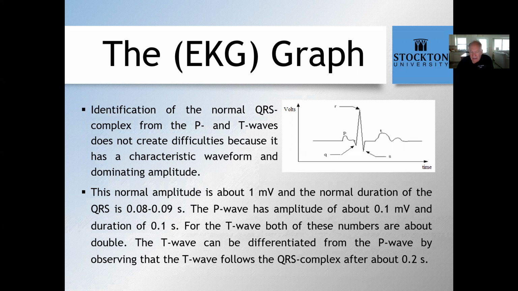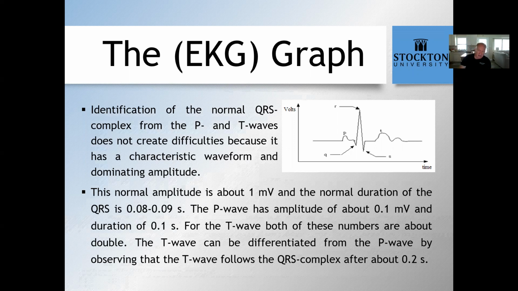The P wave has an amplitude of about 1/10 of that, so it's about 0.1 millivolts, and a duration of about 0.1 seconds. And for the T wave, both of these numbers are about double. So the T wave has an amplitude of about 0.2 millivolts and about 0.2 seconds is the duration.